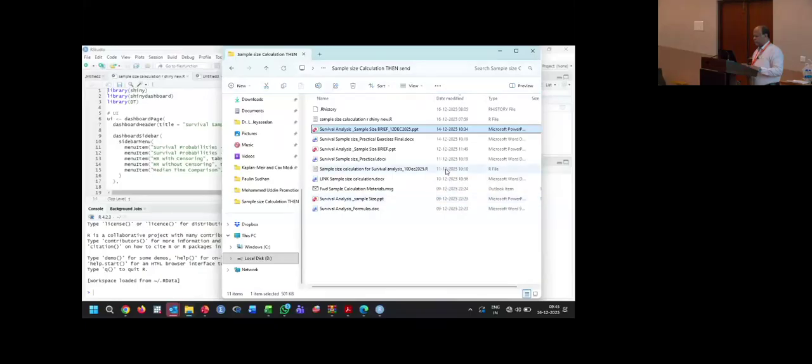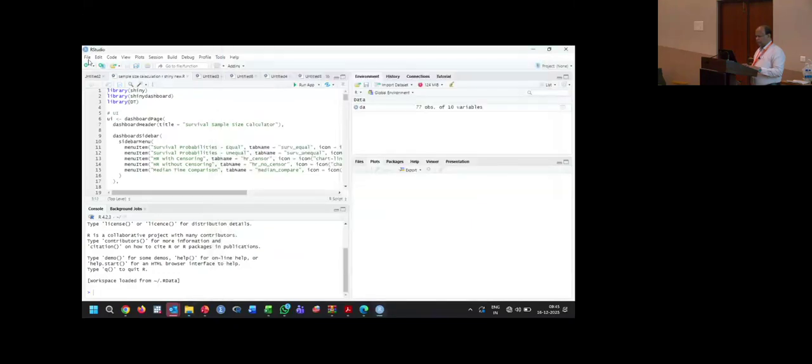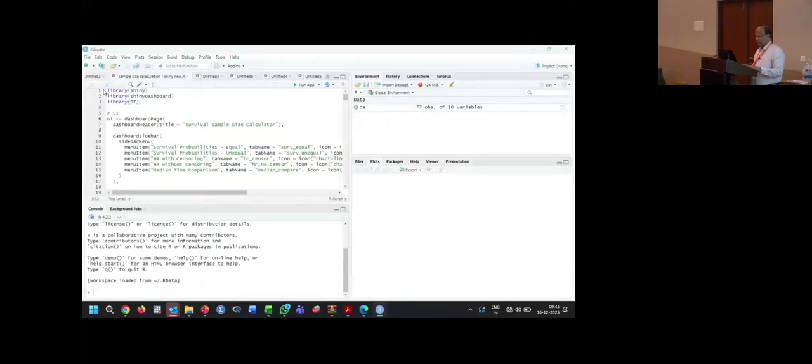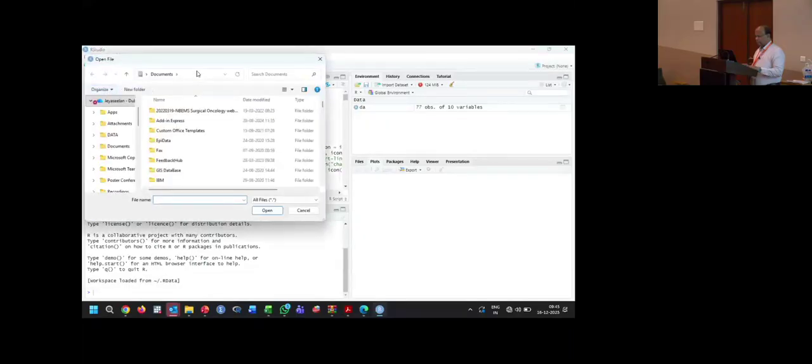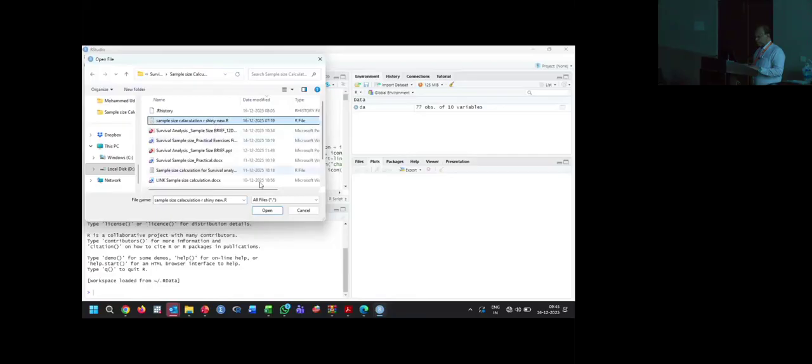You have to copy this folder, open the file, put the folder here, and choose this one, Shiny R.